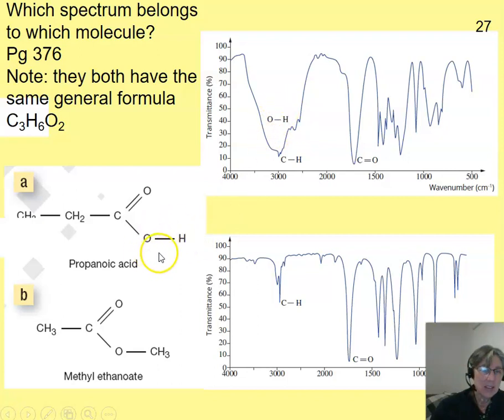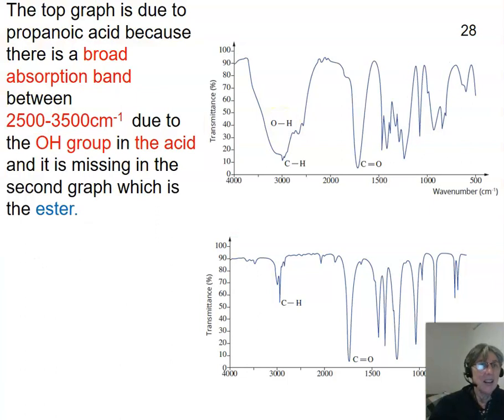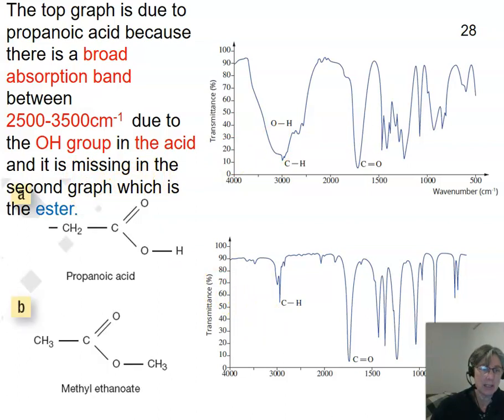It's also got the carboxyl, and that's got the carboxyl. Alright, the top graph is due to the propanoic acid, because there is a broad absorption band between here and here due to the OH group in the acid, which is missing from the second graph, and that must be the ester.